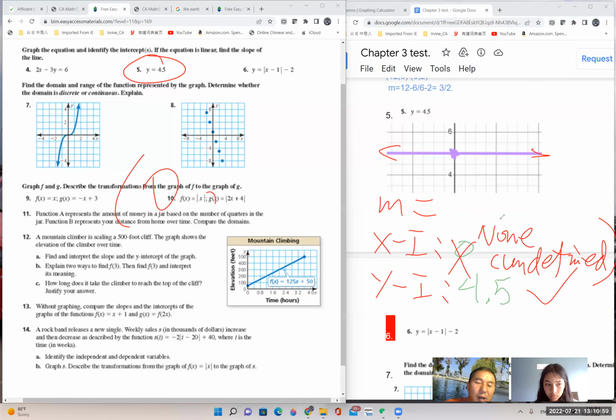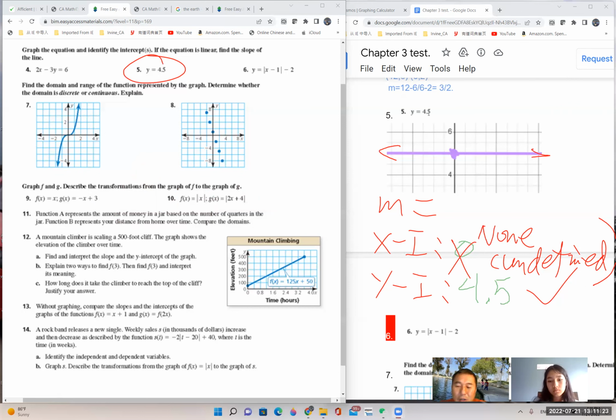X is 0, y is 0, right? Yeah. But it's not true for here. We don't have point, intersecting point between this line and x-axis. Anyways, so right answer is no one, or you answer undefined.